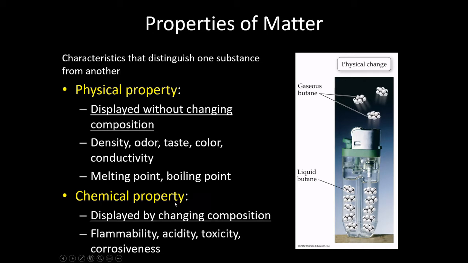A chemical property, on the other hand, is displayed by changing the composition. So these things can only be measured, they can only be observed if they're actually chemically changing somehow. So, for example, flammability.